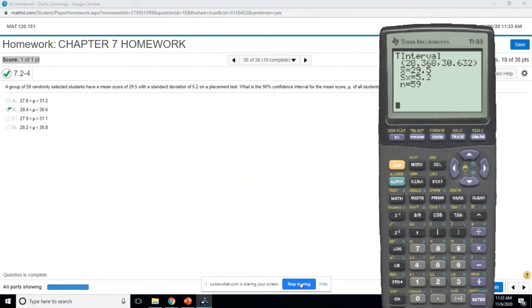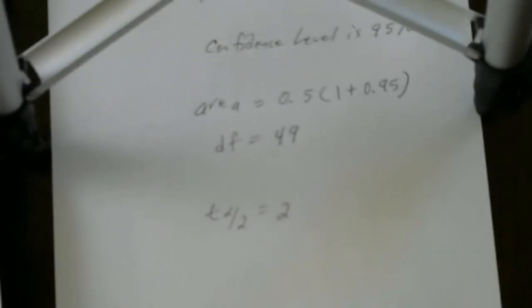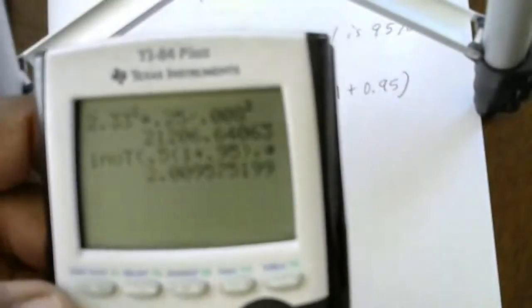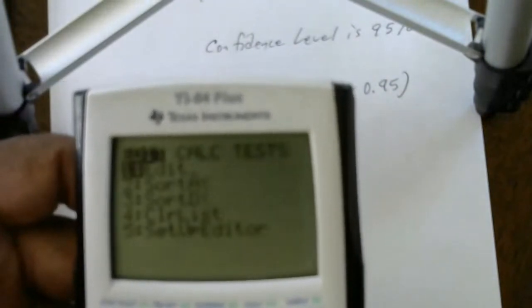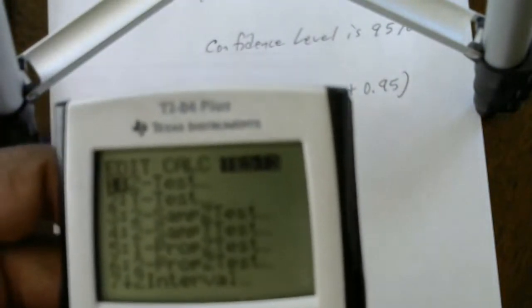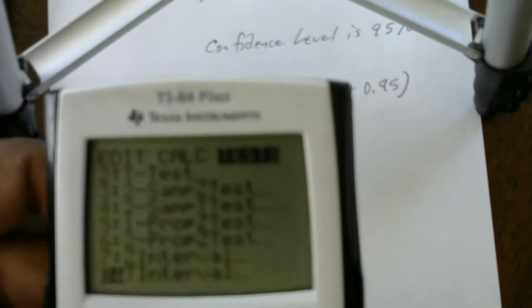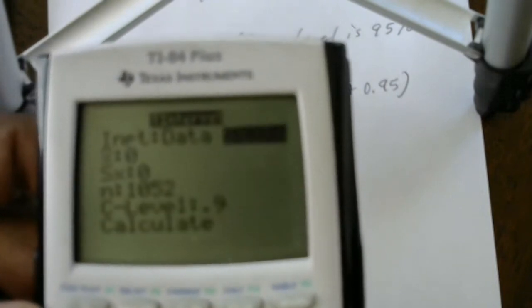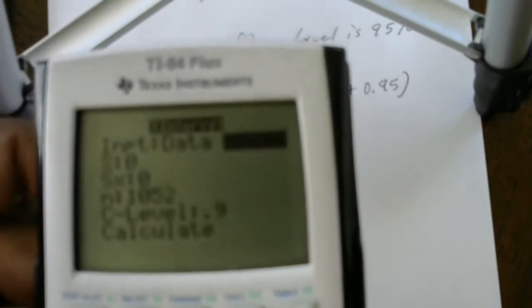Okay, now showing this example using the TI-84, I'm going to go back to our document camera. And I'm going to go into Stats. I'm going to scroll over to Test. I'm going to find T interval. Same thing, we want Stats.